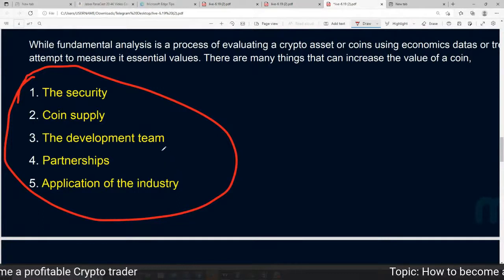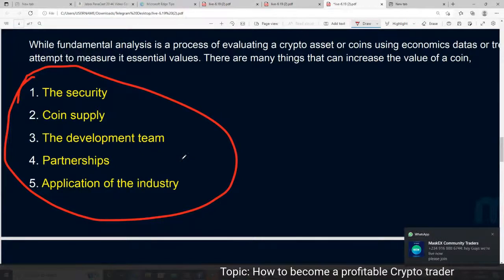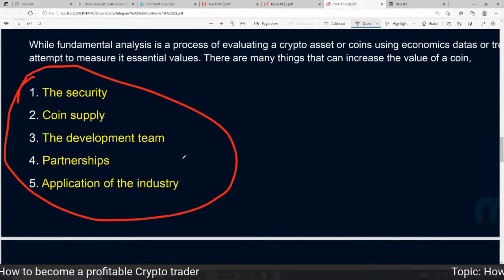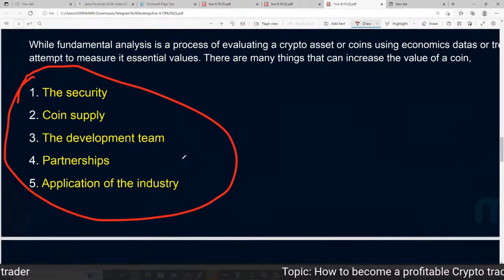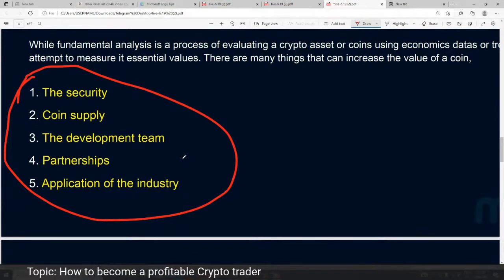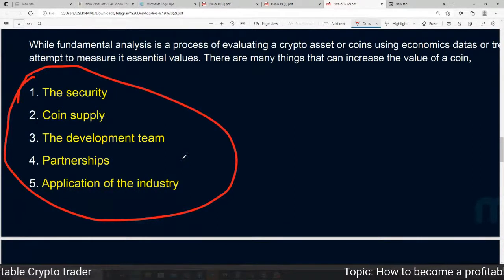Now, coin supply. You cannot just see a coin that has 50 trillion supply and expect that coin to do well in the market. No, a coin that has 50 trillion supply can never do well like a coin that has 100 million supply. No, this is a big difference.